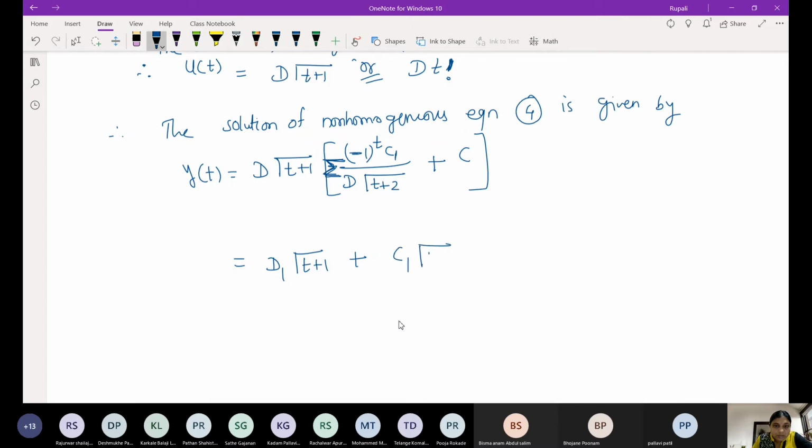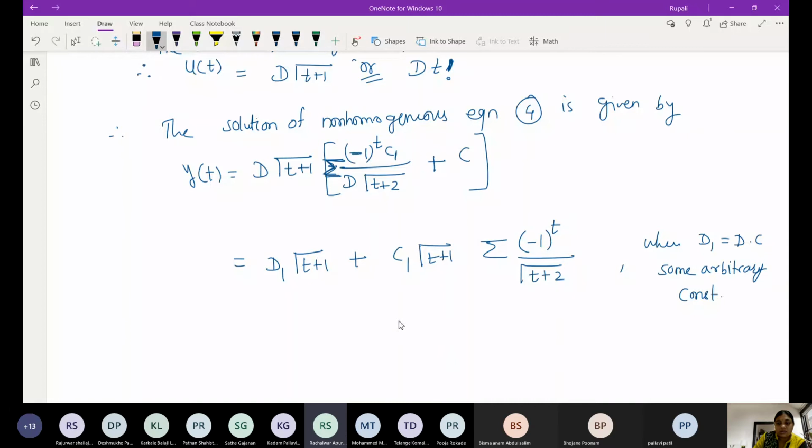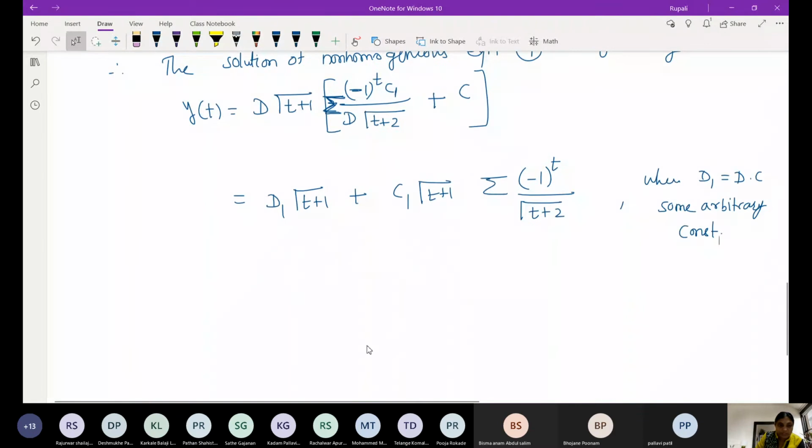C1 gamma t plus 1 times the summation of minus 1 raised to t upon gamma t plus 2, right? Is that okay?